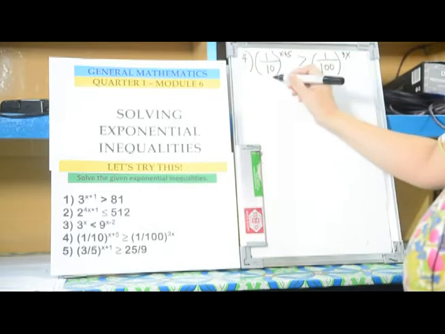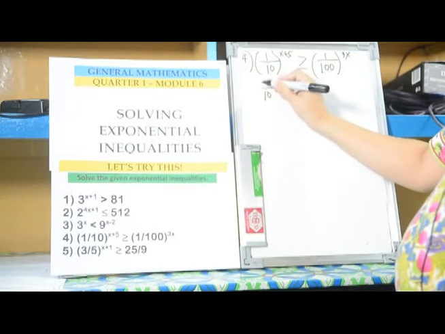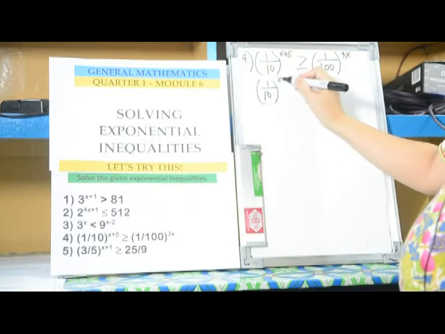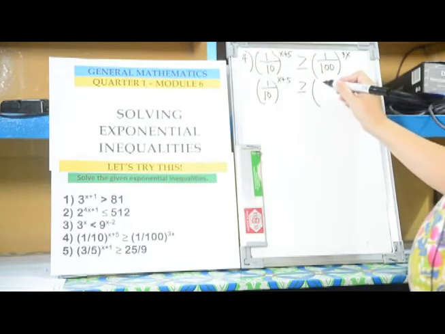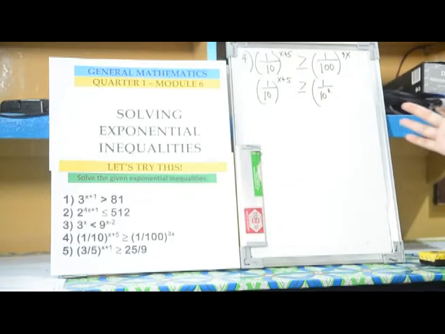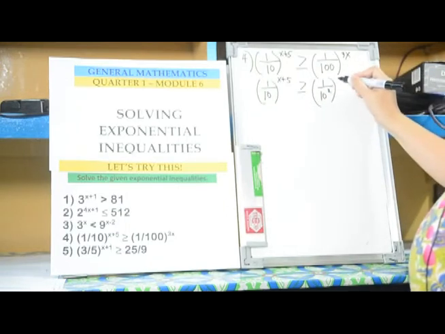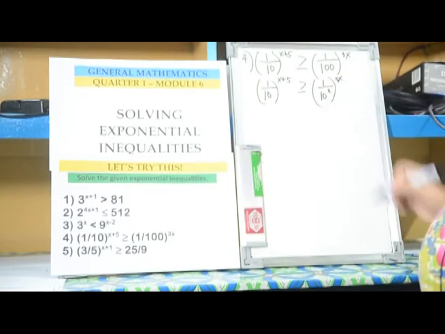Okay, so we have here 1 over 10 raised to the power of x plus 5 is greater than or equal to 1 all over 10 raised to the power of 2, because 10 raised to the power of 2 is 100, and this will be all raised to the power of 3x.